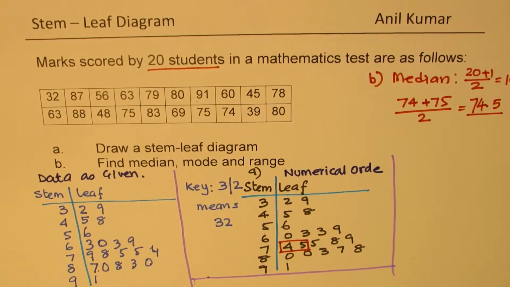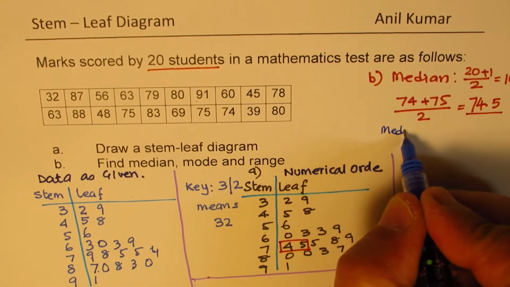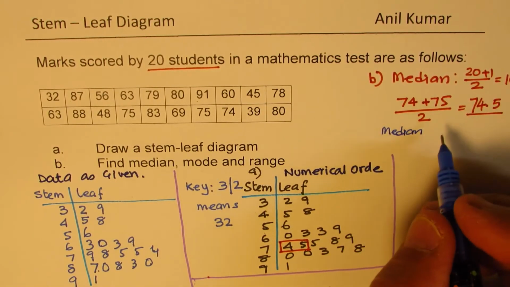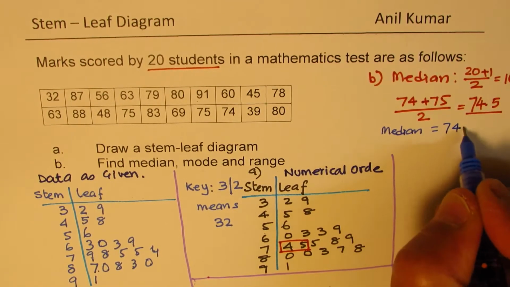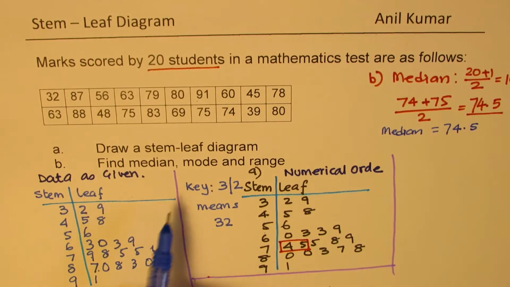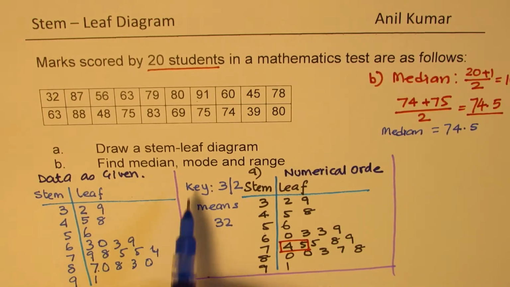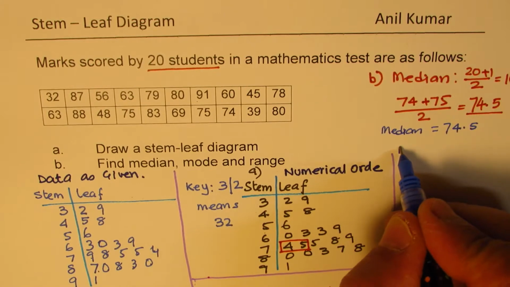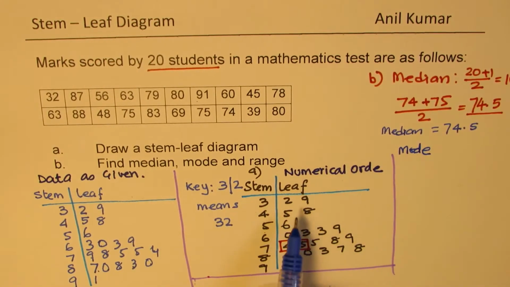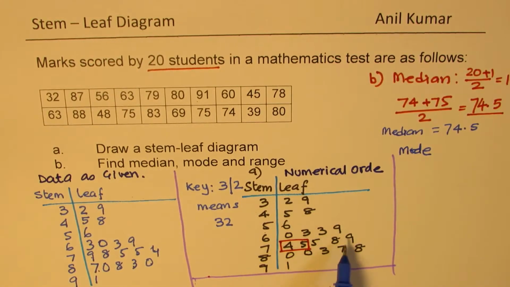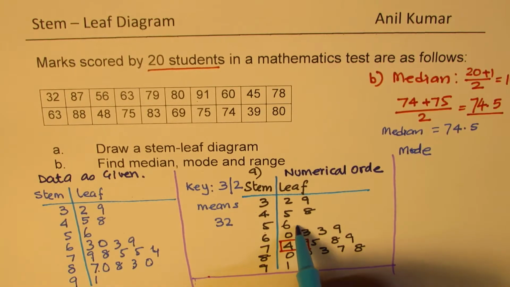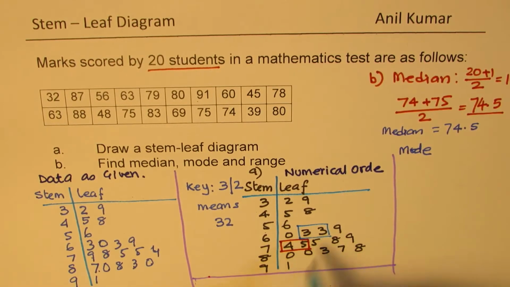Clear? So we can write down median is equal to 74.5. Now let's find out what is mode. Mode is most frequent. So looking into the leaf part, is there anything which is repeating? We do have two 3s, so that means 63, 63.